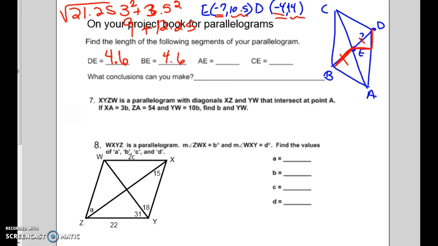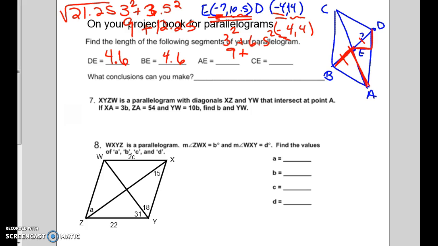Okay, you have 30 seconds to figure out how big AE is. Now I'm finding AE. E is still -7, 10.5. A was at -4, so again I'm still going to have 3 squared, but now I'm going to have 6.5 squared. So this is still 9. 6.5 squared is going to be what? 40 something, isn't it? 6 times 6 is 36.